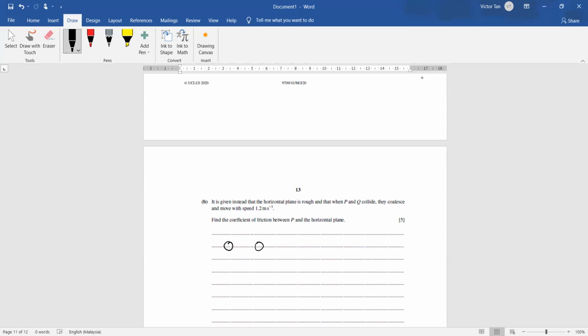So let's see what is the speed of P when it collides with Q. Again, P and Q, with masses 0.3 and 0.2. After the collision, they stick together and move at 1.2. Total mass is 0.5. 0.3V plus 0 equals 0.5 times 1.2.